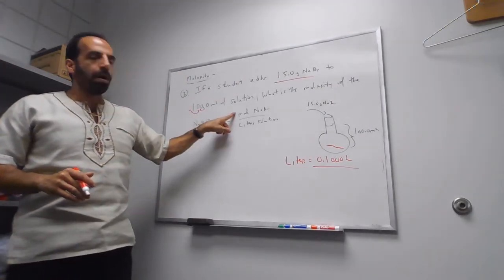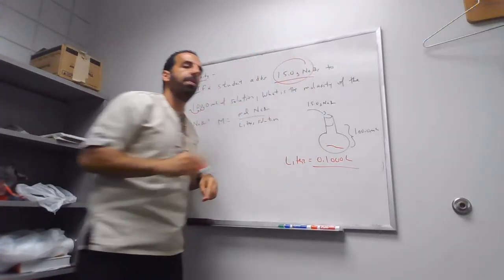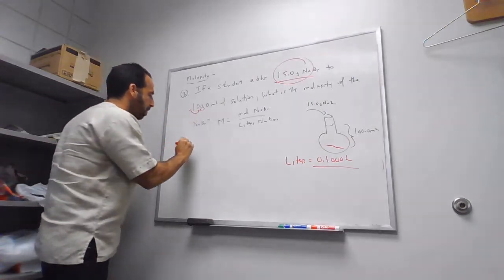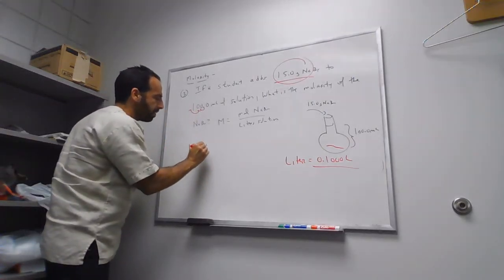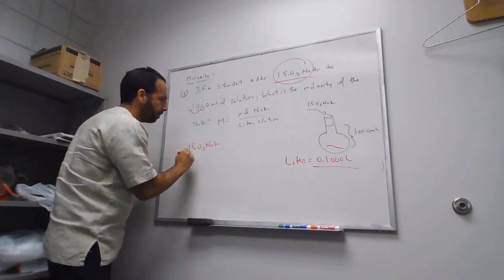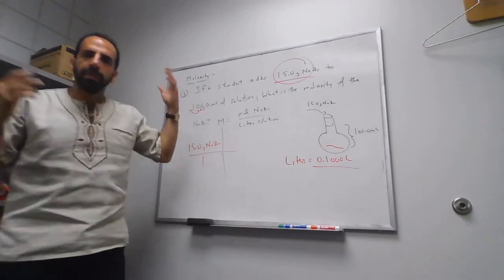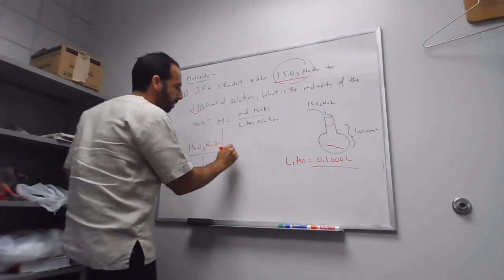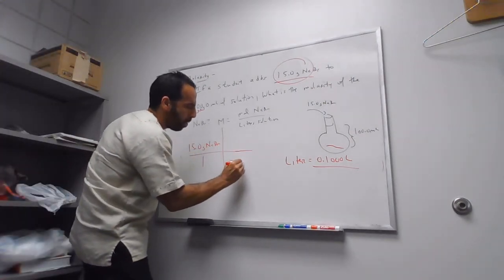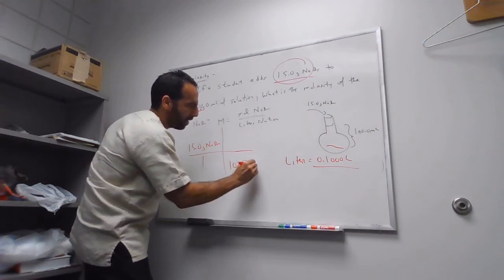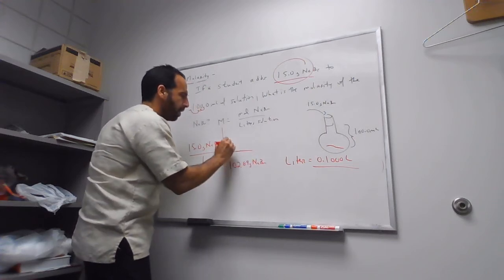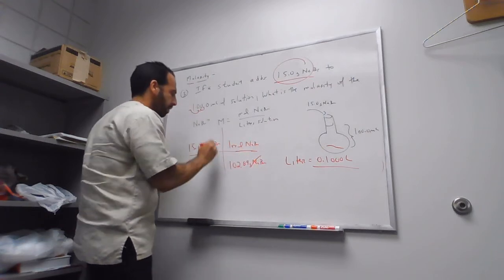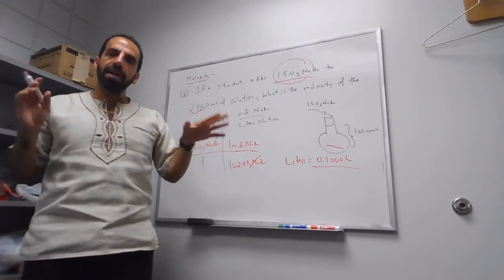To get the moles of NaBr, well, I have 15 grams of NaBr. I have to convert it. Again, I have to use the molar mass of NaBr. So 15.0 grams of NaBr. You have to look up the molar mass, and I think the molar mass in this case is 102.89. So 102.89 grams of NaBr is 1 mole of NaBr. And then you can just divide it by your liters of solution.